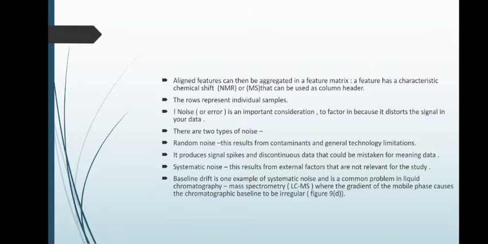Aligned features can then be aggregated in a feature matrix. A feature has a characteristic chemical shift. Chemical shift is a resonance frequency that can be used in the column header. The rows represent individual samples.